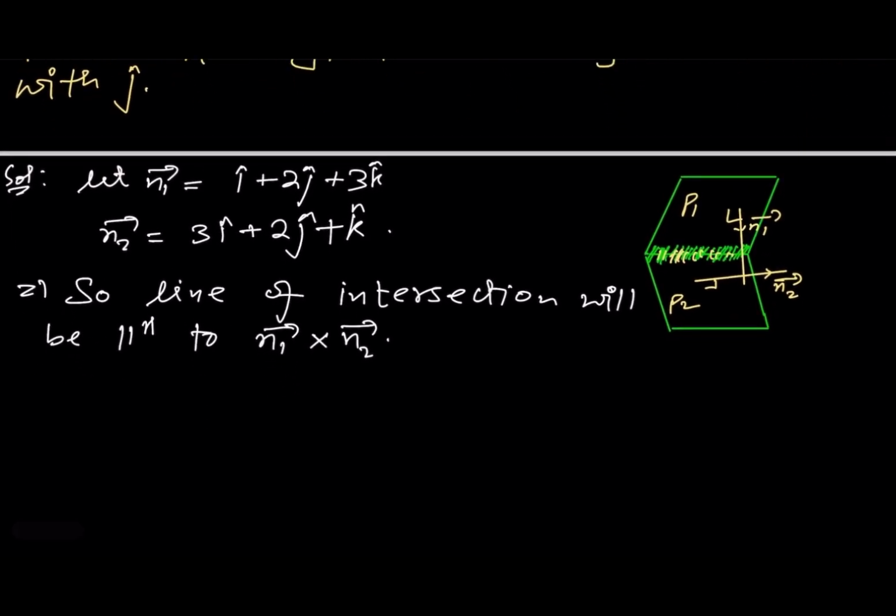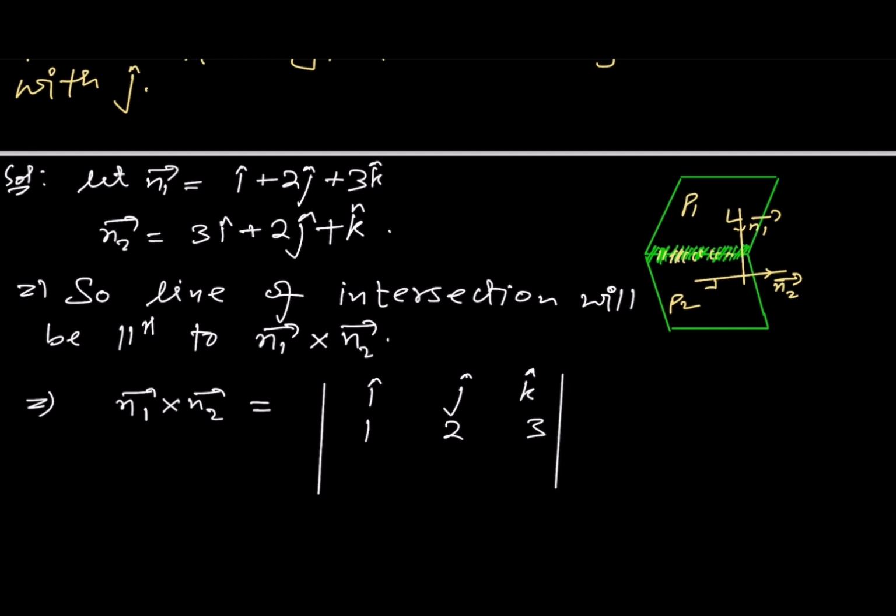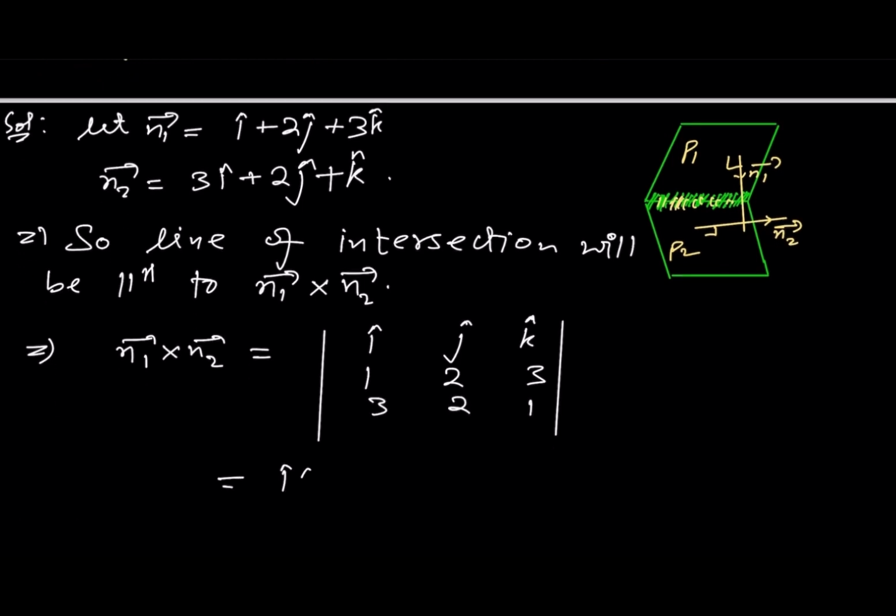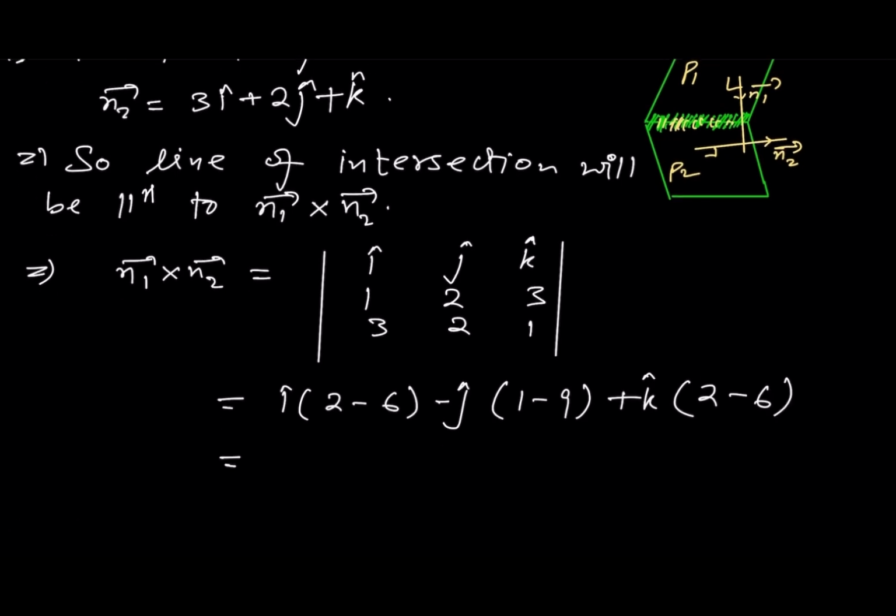Okay, so now n1 cross n2 is the determinant of i j k, 1 2 3, 3 2 1, right? So i times (2 minus 6) minus j times (1 minus 9) plus k times (2 minus 6). Okay, so this will be minus 4i cap plus 8j cap minus 4k cap. This is n1 cross n2.